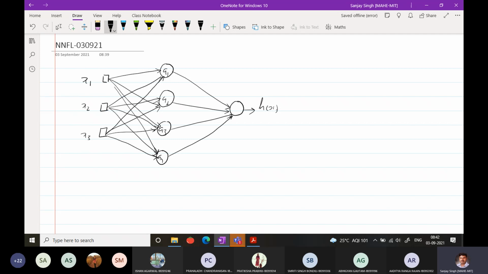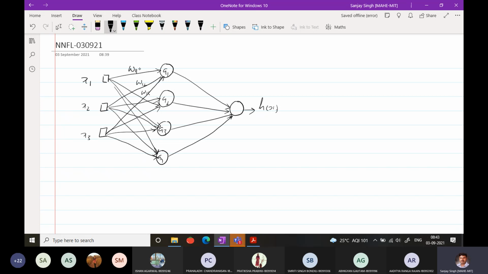Now there will be weights here. The first neuron gets input from the first input, so as per our notation it should be w11, and from the second input w12, and likewise w13.